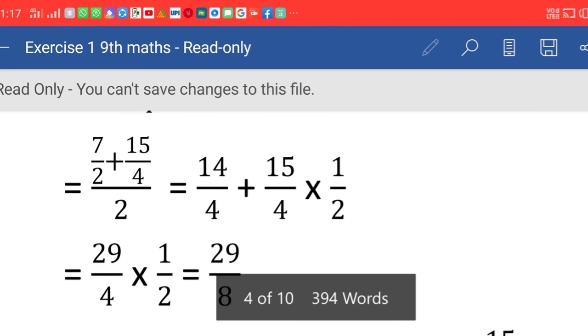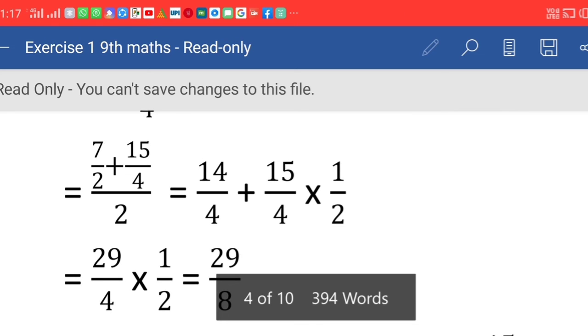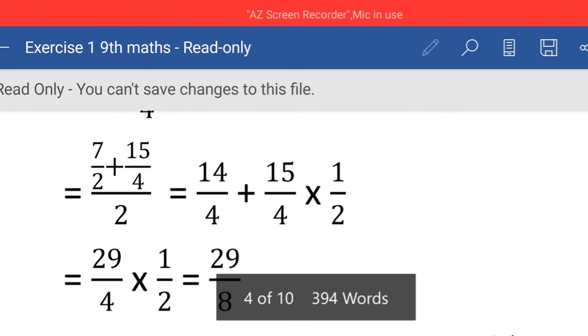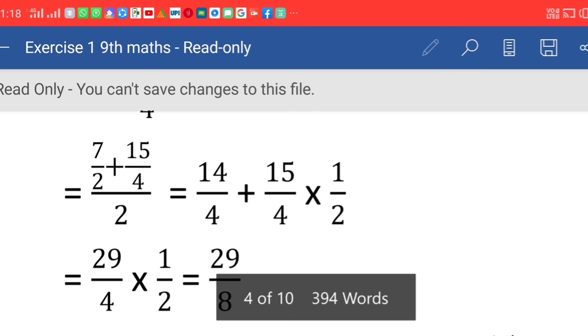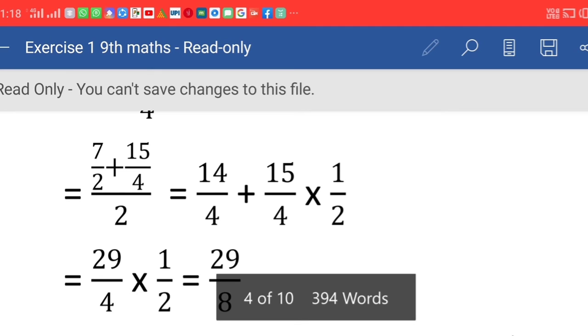You know that how to get this 1 by 2. I will say once more because in the question by 2 है, by 2 का मतलब क्या है? डिवाइडेड बाई 2 है. ये डिवाइडेड बाई 2 उल्टा करता है, 1 by 2 आता है. 2 by 1 change into 1 by 2 and the division change into multiplication.